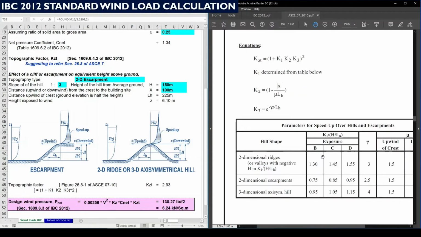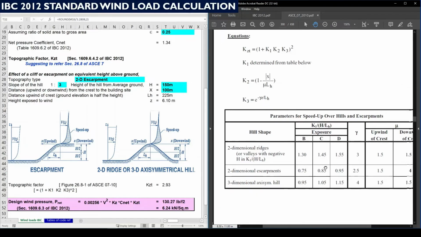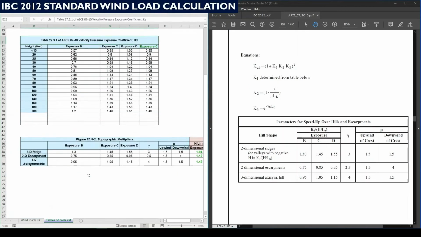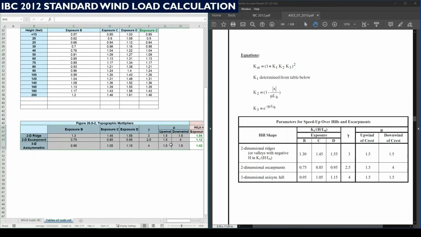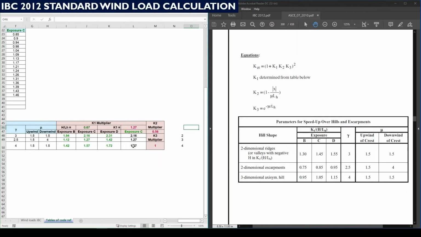For K2, the formula is given as 1 minus X divided by mu L_H. Similarly for K3, it is e to the power minus gamma Z divided by L_H. These tables are extracted here in this Excel and worked in the background to find the multipliers K1, K2 and K3.